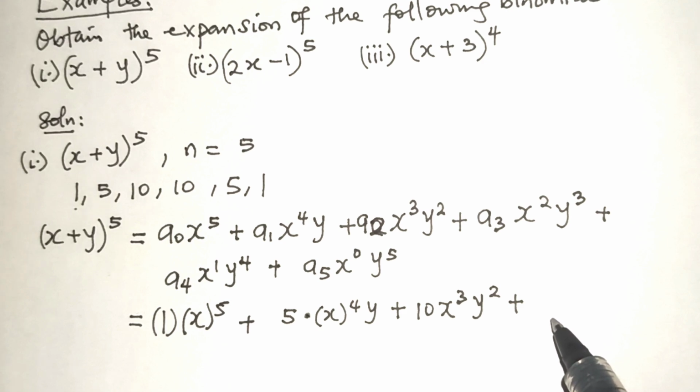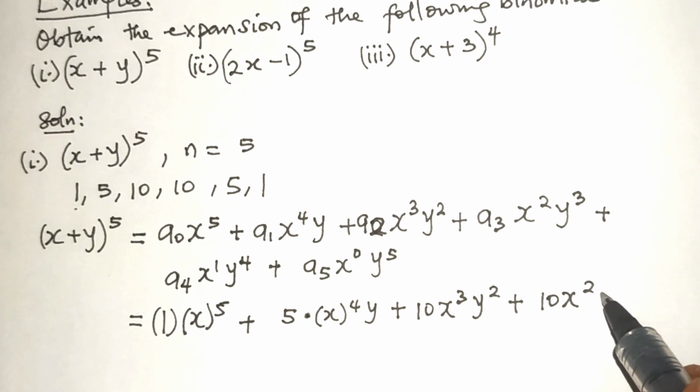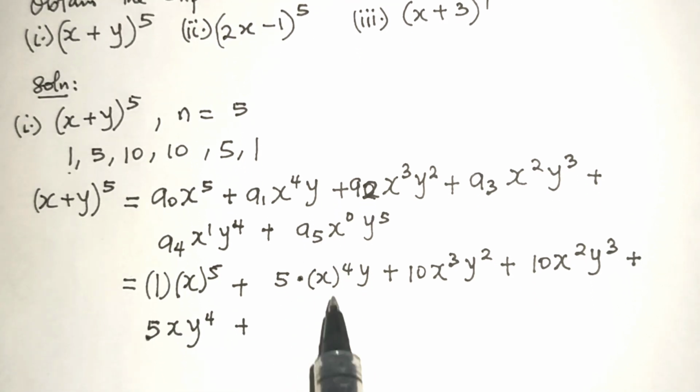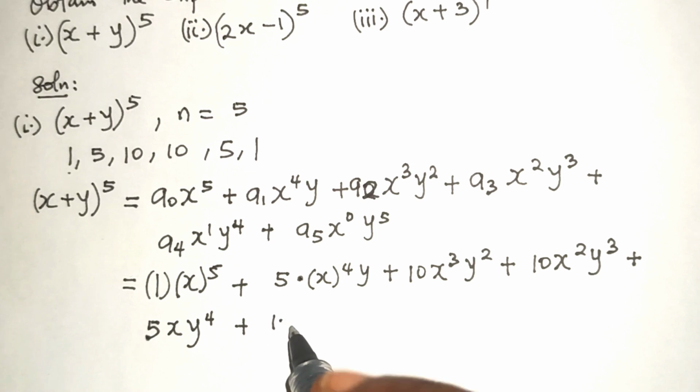So we have 10 x^2 y^3 plus a4 is 5. So we have 5 x y^4 plus a5 is 1 times y^5.